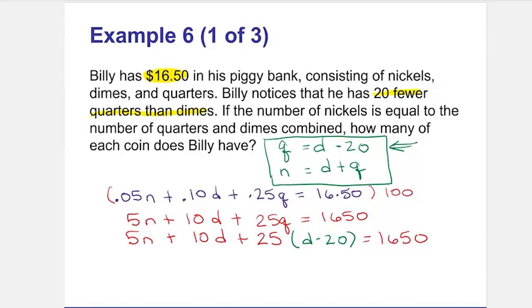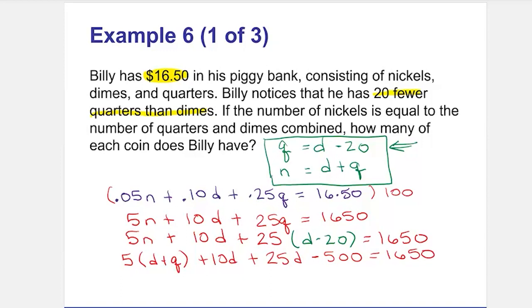Now, if we can somehow get nickels into just dimes, then we're in pretty good shape, right? So I know nickels equals dimes plus quarters, so let's start with that. I have 5 times D plus Q plus 10D plus, and I'm just going to multiply this out or distribute, 25D minus 500 equals 1,650.